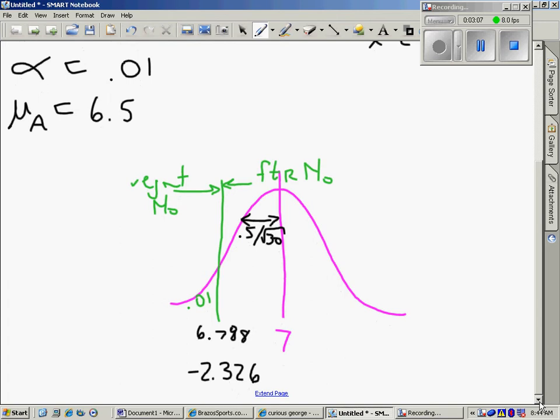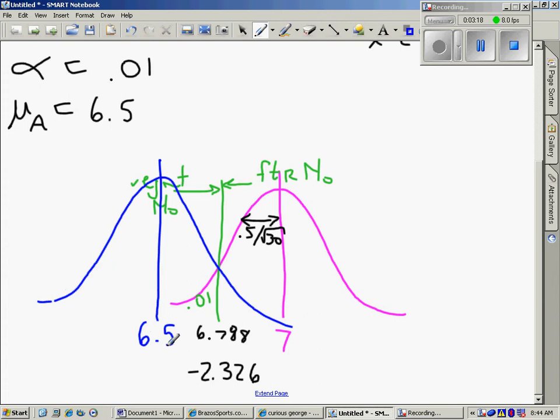Beta, draw your new true blue mu over here at 6.5. There's that. And beta is this region over here, because beta represents the probability of making a type 2 error. So it's the probability that I fail to reject H0 when that's true.